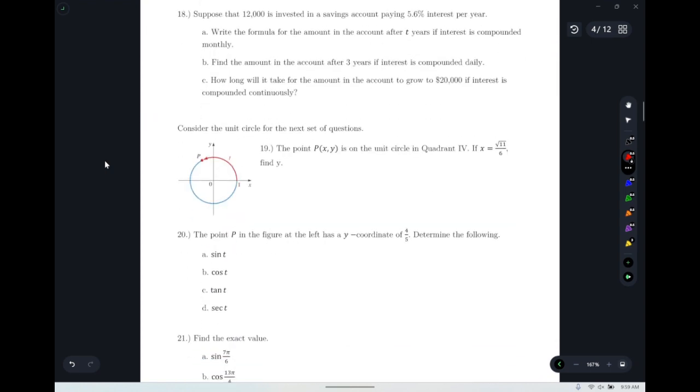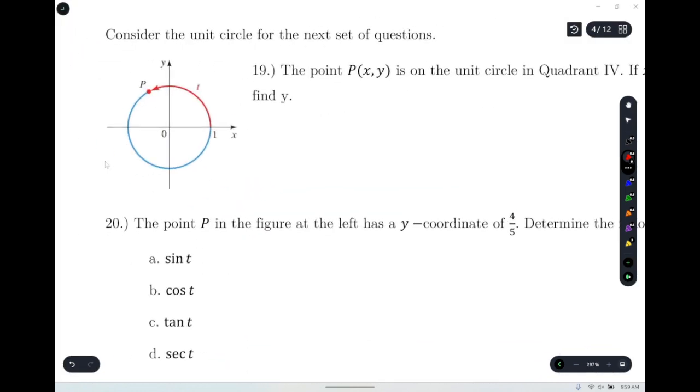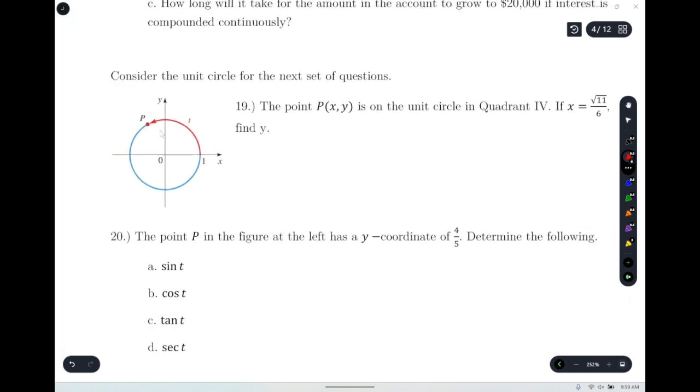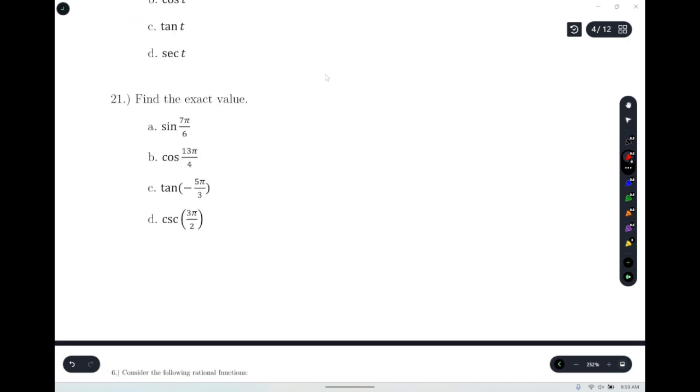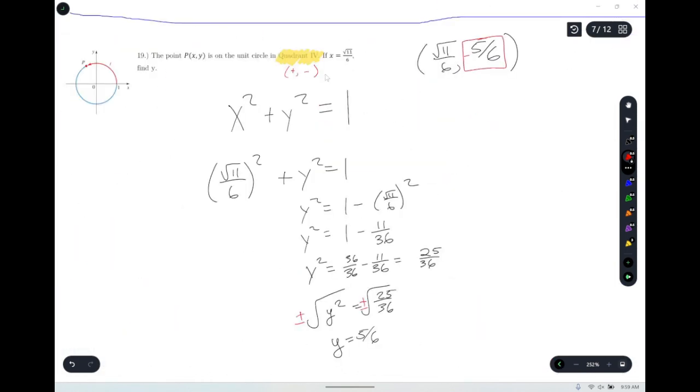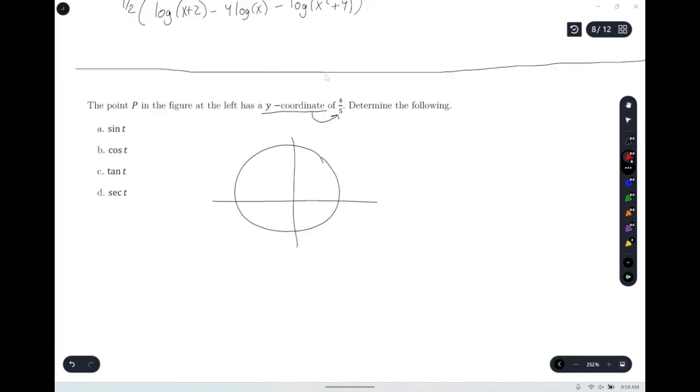It says consider the unit circle for the next set of questions. So it's up there to the left.